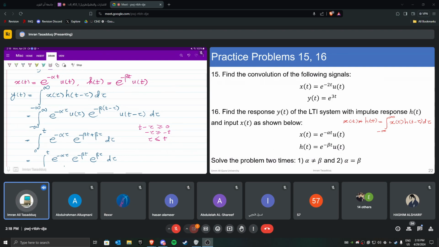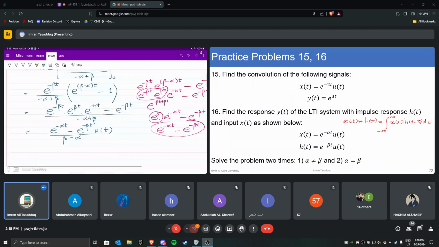Once with alpha not equal to beta, which is what we just did. And the second time, assume that both alpha and beta are the same. Now you give it a try.